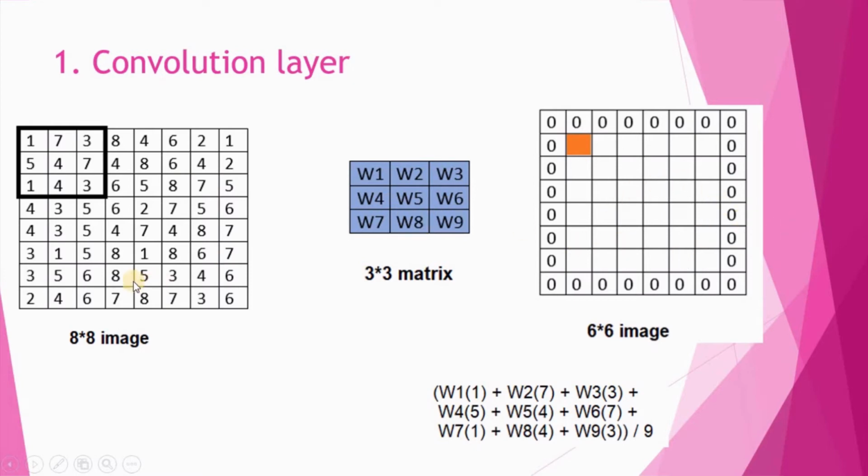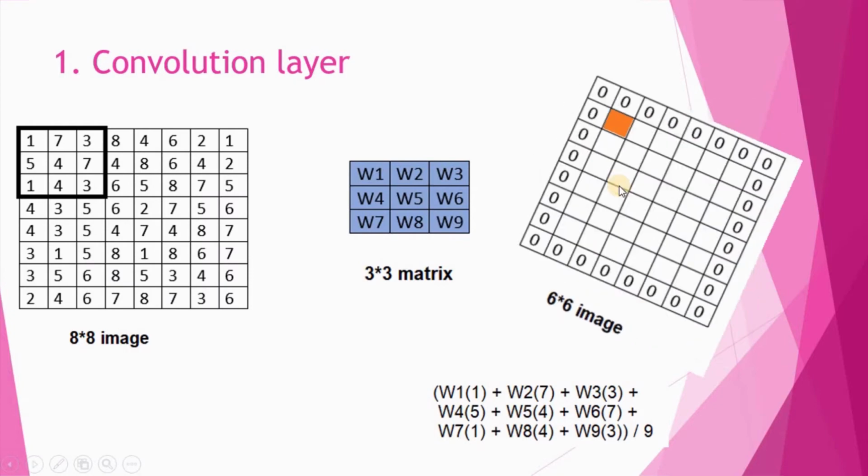And if the image is 8 by 8, you can see here, then the new image will be 6 by 6. If you move this filter horizontally by 1 unit, you get 6 rows. And similarly, if you move this filter vertically by 1 unit, you get 6 columns. So the new image will be of size 6 by 6. So in this way, you have to fill all the pixel values.